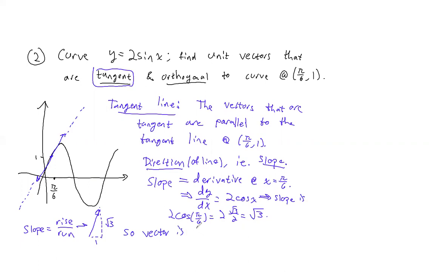The vector is going to be root 3, comma, 1. Now, here's the thing. That's not a unit vector, right? We were asked to find a unit vector, and that's not a unit vector. So you might say, well, okay, but that's just a vector, but it's not a unit vector. True enough. I'm not claiming that it is a unit vector.